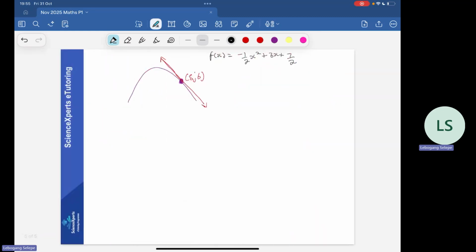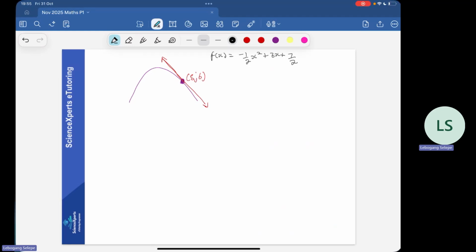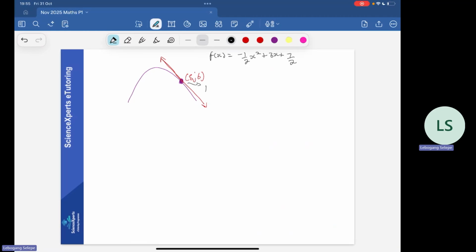So if I want the equation of this tangent, we apply our calculus knowledge. Remember that the derivative at 5 is equal to the gradient of the tangent. This is the first step of answering this question, right?